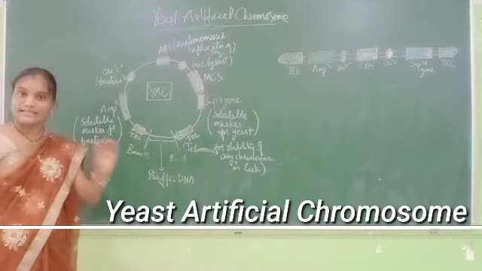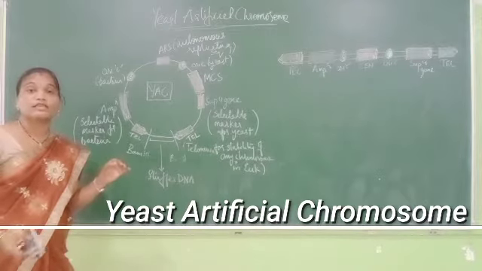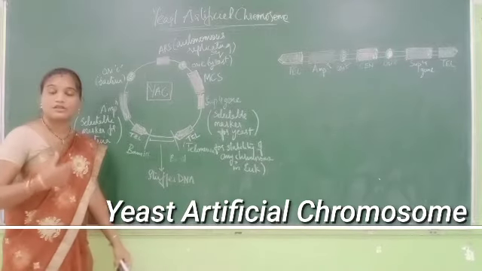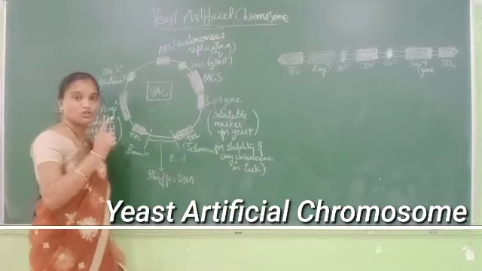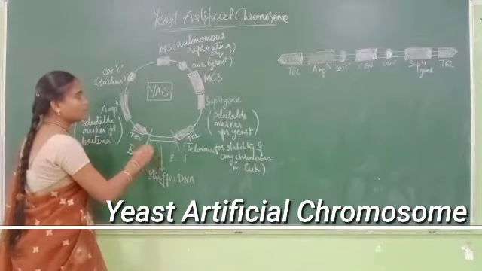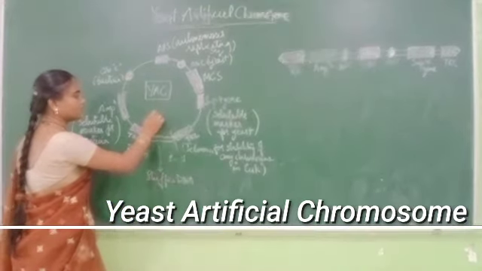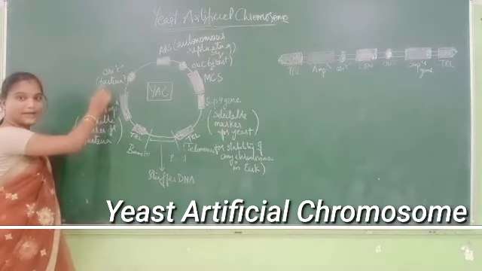Based on that property, it should easily propagate both in bacteria as well as in yeast, that is, both in prokaryotes and eukaryotes. If you observe it keenly, this YAC is constructed with the ORI site of bacteria.